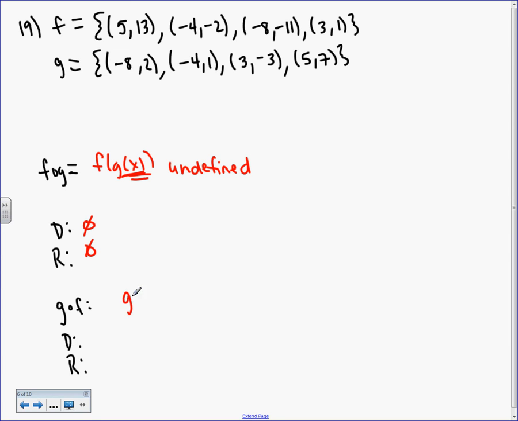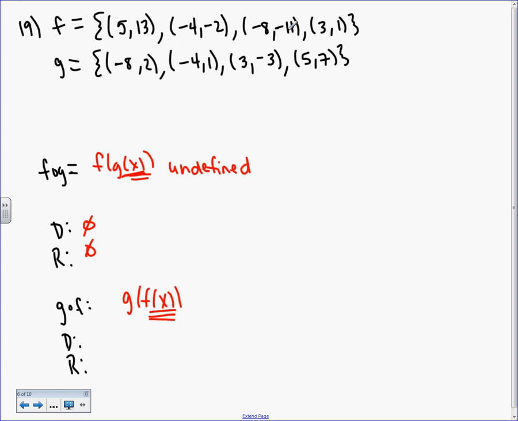So now we're going to do g of f of x. Everybody okay with that? What do I check first, g or f? F, the inside first. So 5 gives me 13. No. Negative 4 gives me negative 2. No. Right?